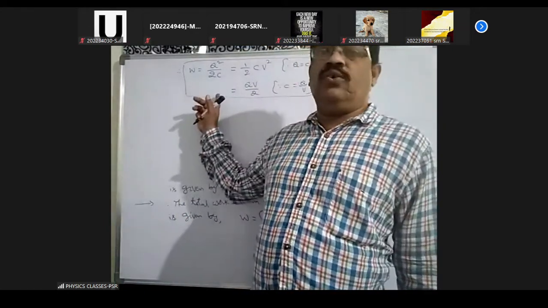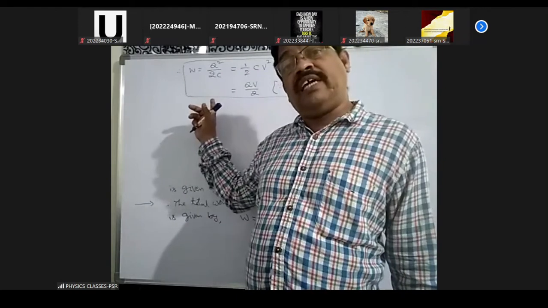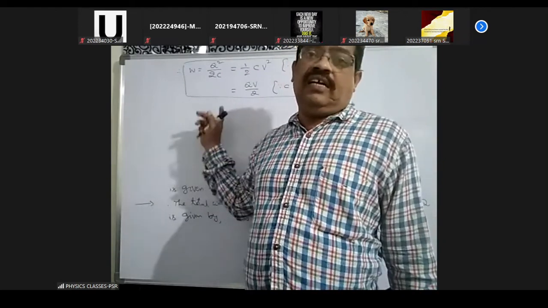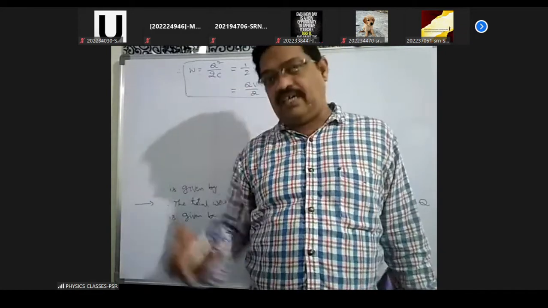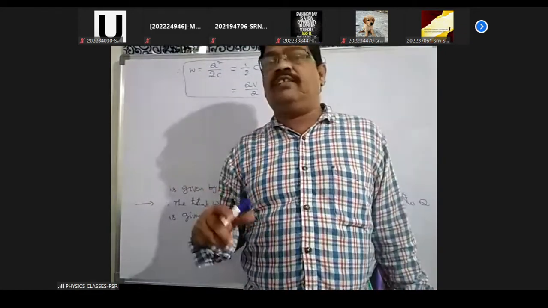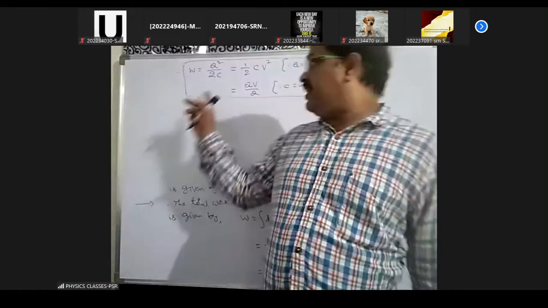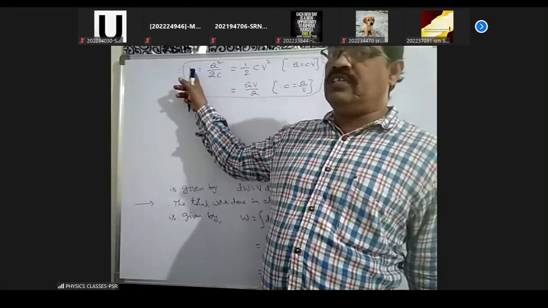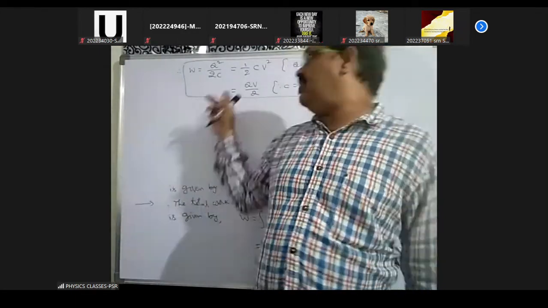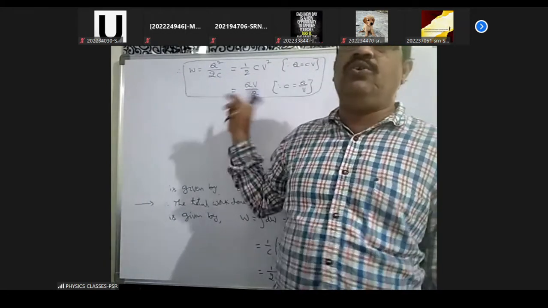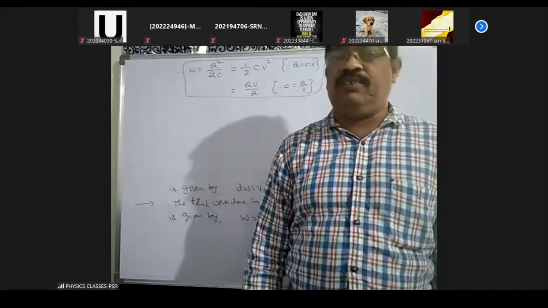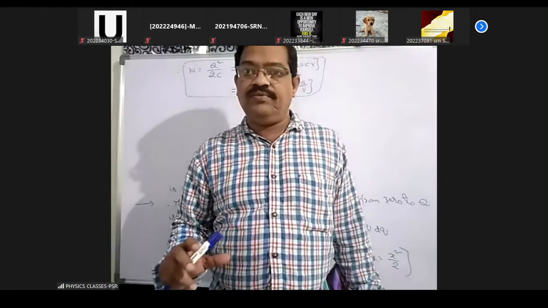This work done is known as electrostatic potential energy and in this topic is called the energy stored in the capacitor. It is denoted by the symbol U. Therefore, the energy stored in the capacitor is U instead of W. U is equal to Q square by 2C, which is equal to half CV square, which is equal to half QV. Simple formula. Is it clear? All of you?